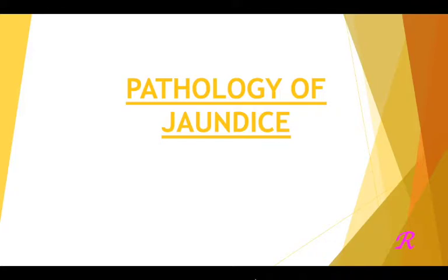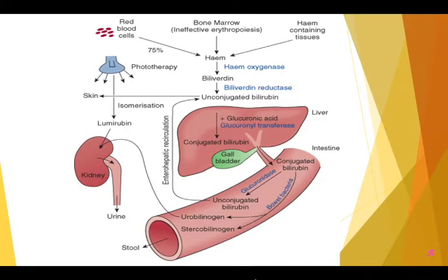What causes jaundice? Before going into the pathology, I want to give a brief note about the intestinal phase of bilirubin metabolism. As I already told, the intestinal phase is the last phase of bilirubin metabolism.